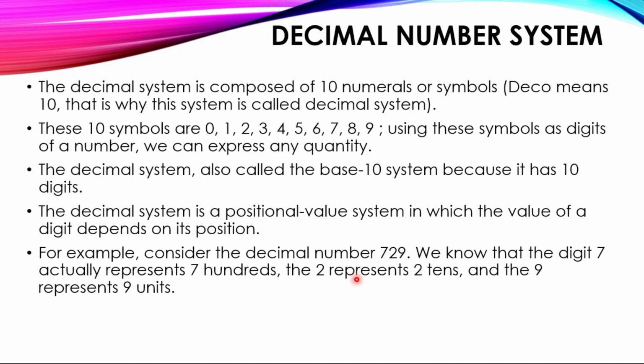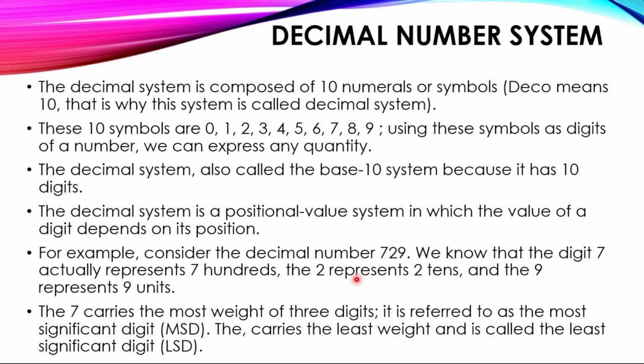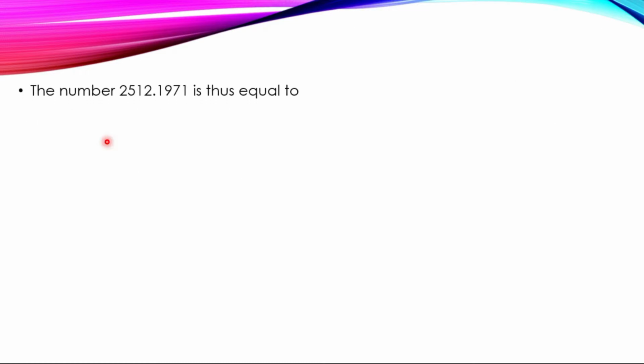The digit 2 represents 2 tens and the digit 9 represents 9 units. The 7 carries the most weight of the 3 digits. It is referred to as the most significant digit. So what do we call that digit? MSD. MSD means most significant digit. The digit that carries the least weight, that is the last digit, is called the least significant digit, that is LSD.